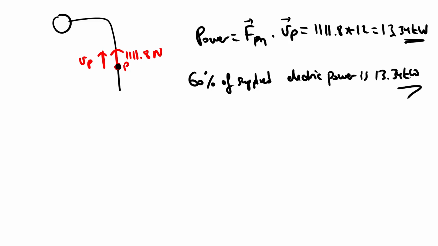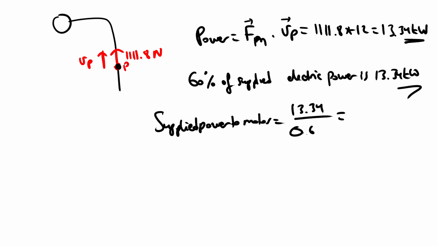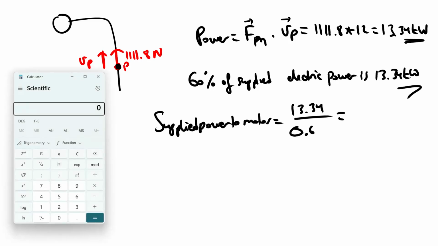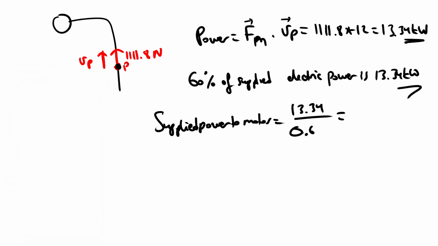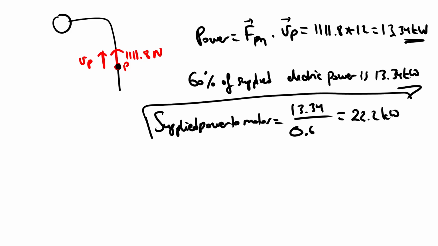Then the power supplied to the motor will be just this one divided by 0.6. That will be 22.2 kilowatts. That's the end of the problem.